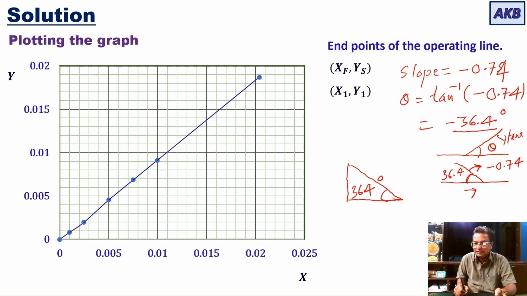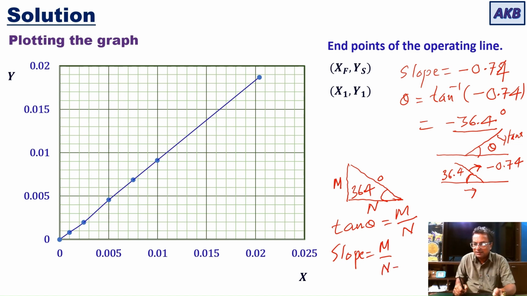So this is theta. For this particular right angle triangle, how will you define tan theta? Tan theta will be equal to the opposite side, let us say it is m, divided by the adjacent side, let us say it is n. So it is m upon n. This is the slope. So I can say that slope is equal to m upon n.